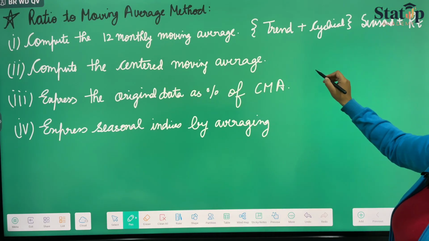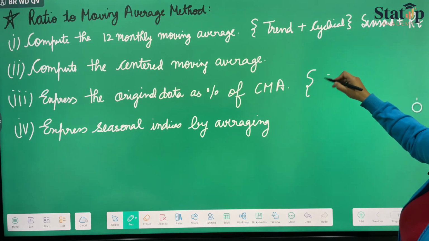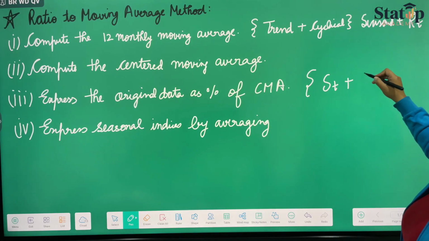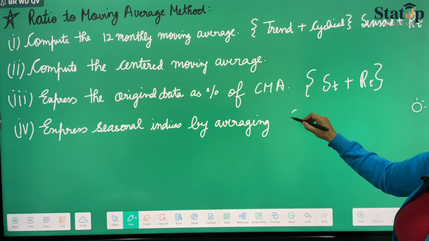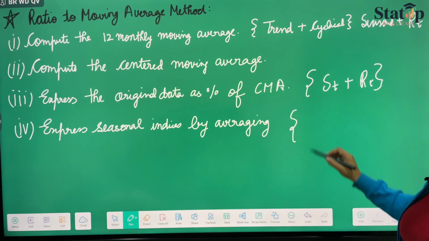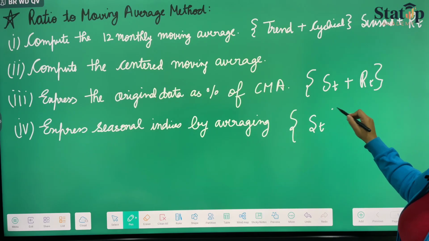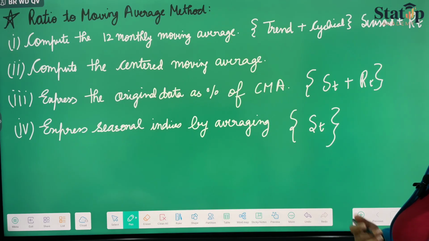Here we have removed trend and cyclical, so we are left with seasonal and random. And here we have expressed the seasonal indices by averaging, so we have removed random component and we are left with seasonal, which was our purpose, to find seasonal. So let us take an example.